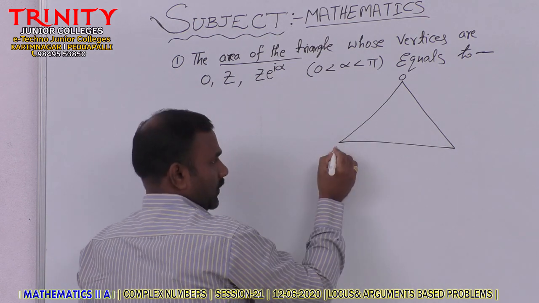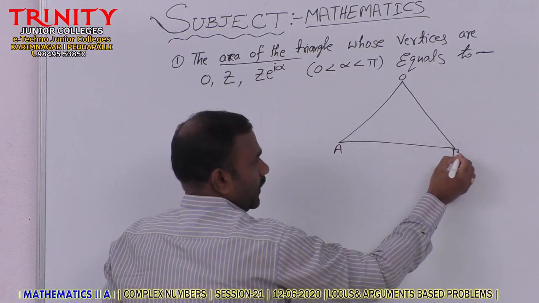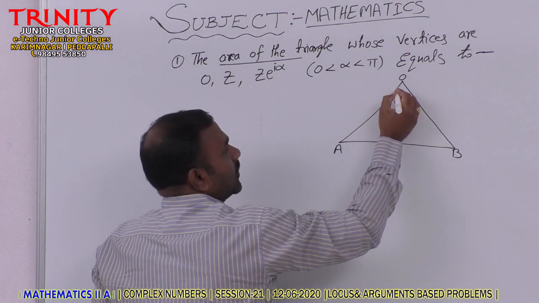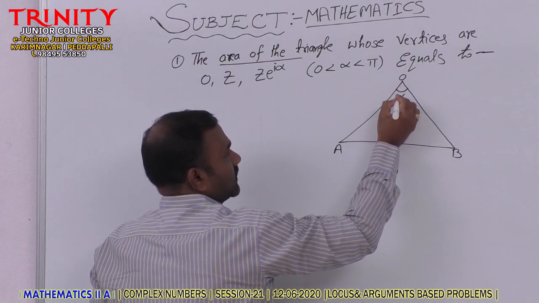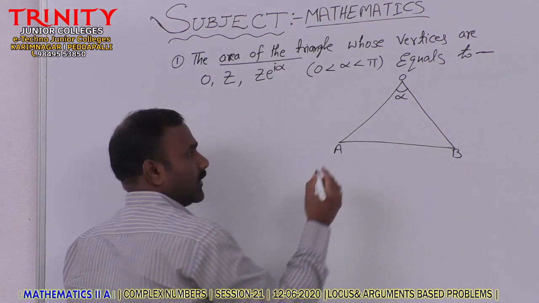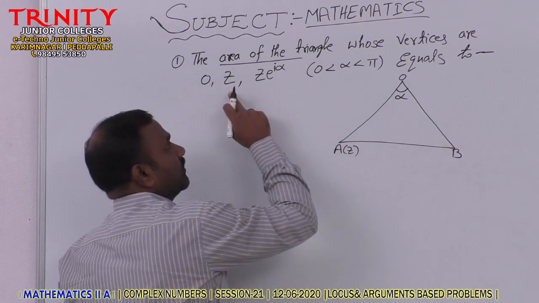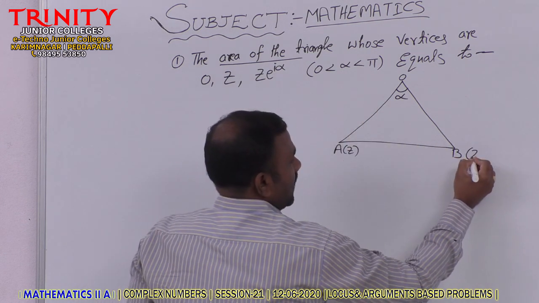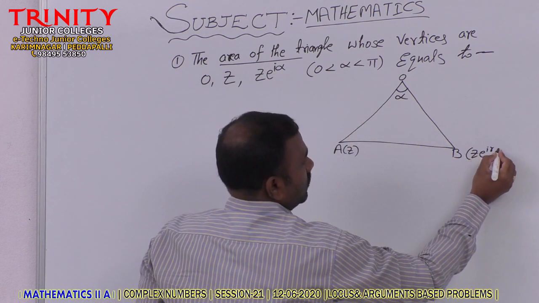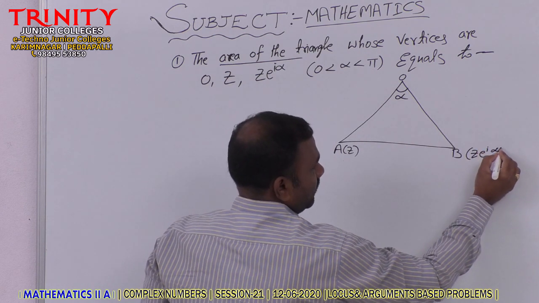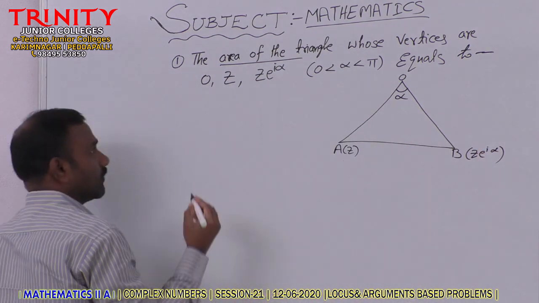Origin, vertex A and the vertex B. Angle at the origin, I am taking it as alpha. Now, I am assuming the vertex A as z and the vertex B as z into e to the power of i alpha.